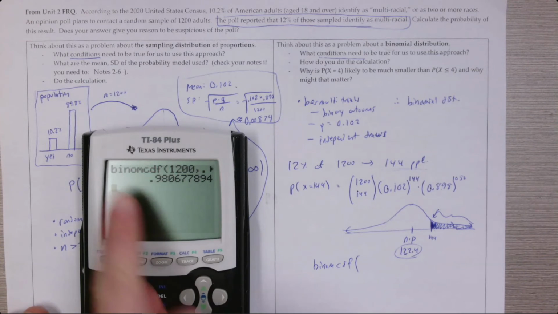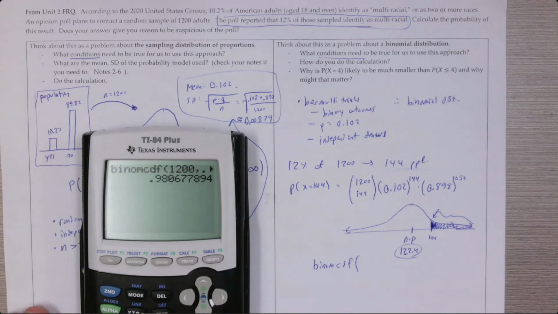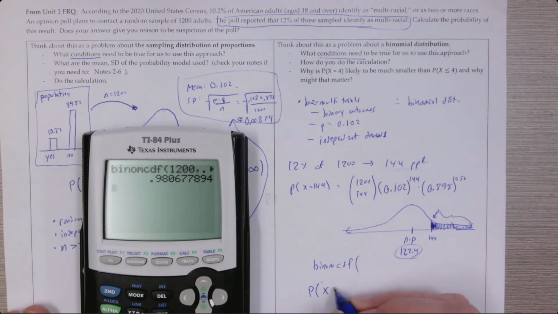So let's remember, like, what did this actually compute? We actually computed the probability of getting 144 or fewer. If we want to know the probability of 144 or greater, what we really want to do is find, so we want to know this, X greater than or equal to 144.